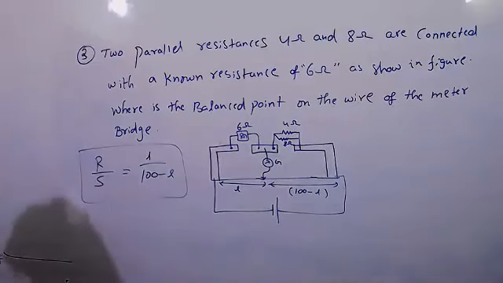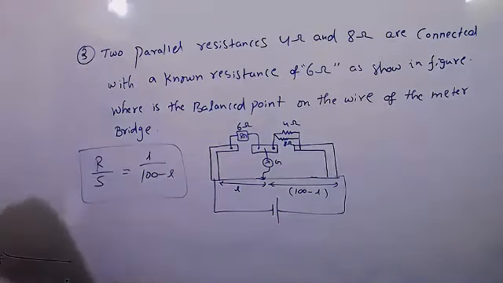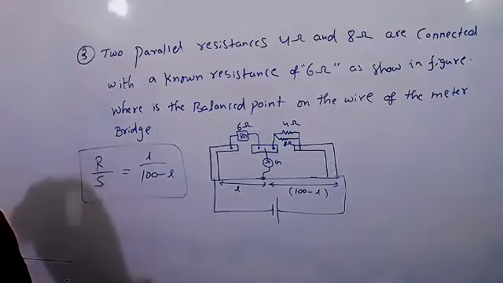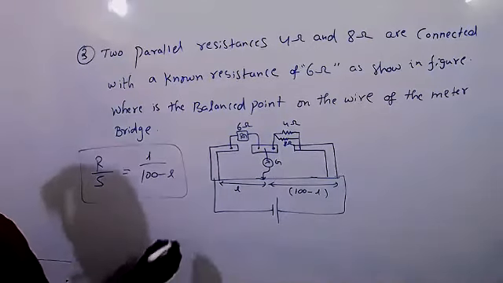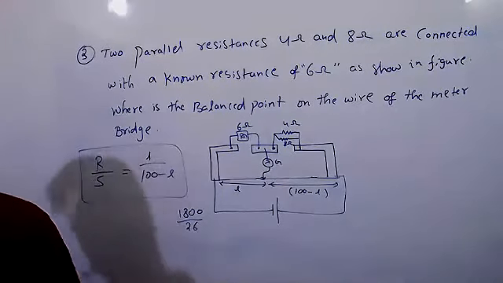How much? 900 by 11? How much are you getting? You should get 1800 by 26.